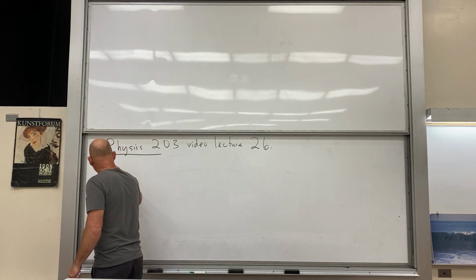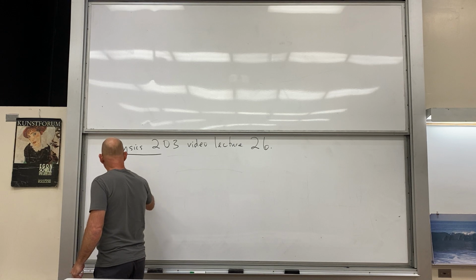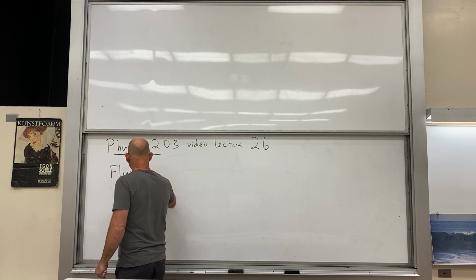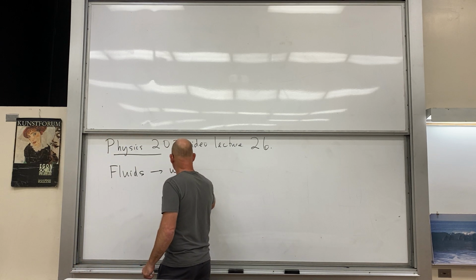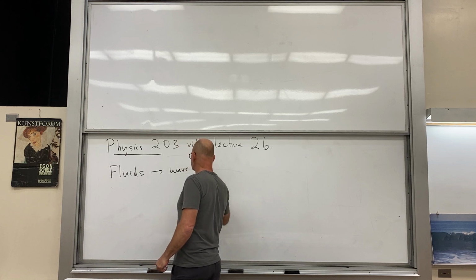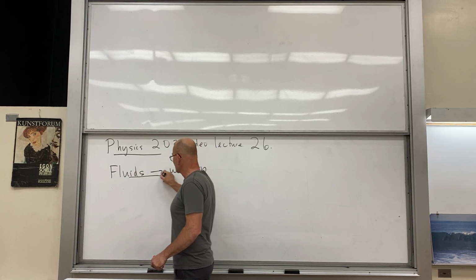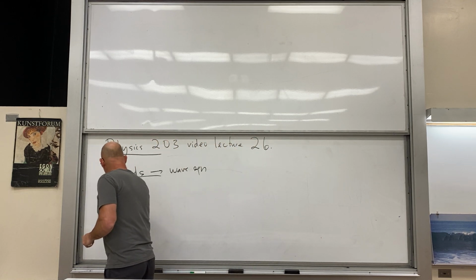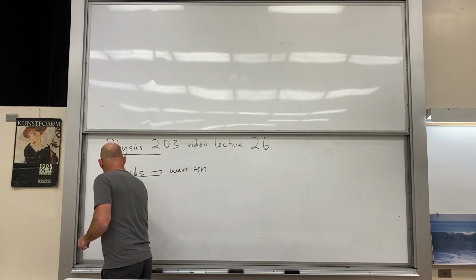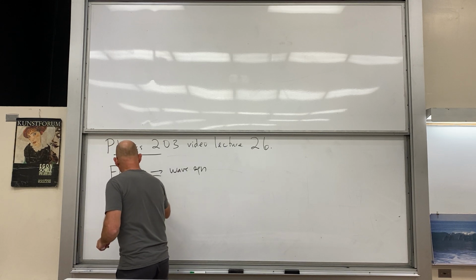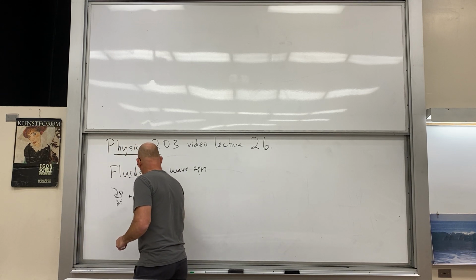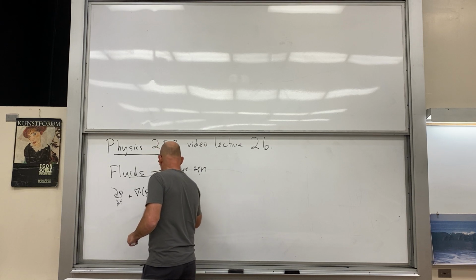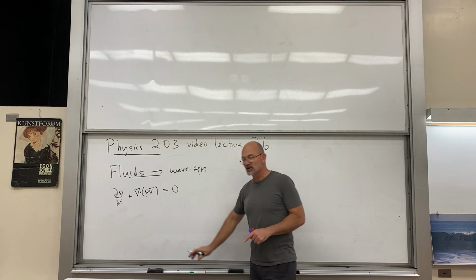Let's say fluid mechanics, fluids to wave equation. Okay. So that way we can write down what we started with. Namely, we had the continuity equation, I'll write them all down: divergence of rho v, then we had conservation of mass.